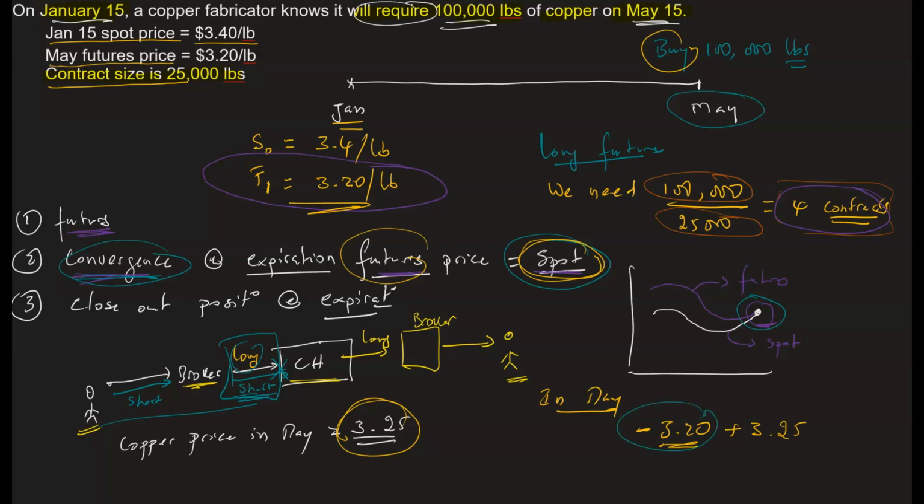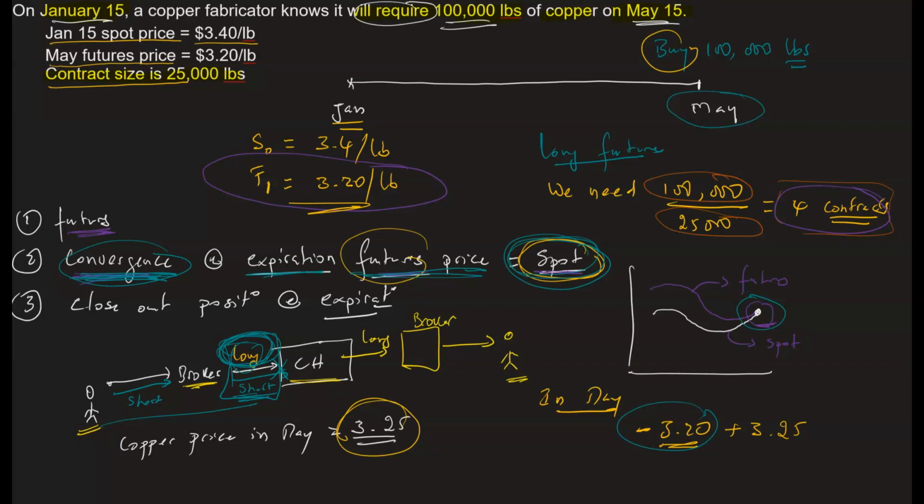So I took a long position to pay $3.20. That is the first contract that I asked my broker to make. And in May, in order to close out a position, I take a short position. But how do I know the price at which I'm taking that short position? I rely on the convergence property that says that the futures price at expiration, that is May, is going to be equal to the spot price in May.